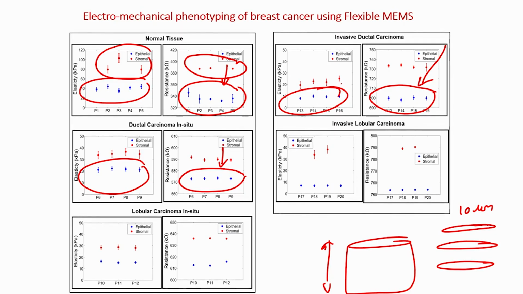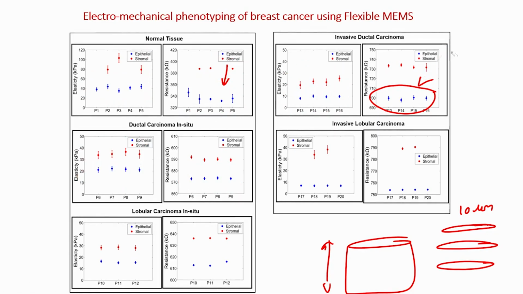In the case of invasive ductal carcinoma, it is somewhere around 25 kilopascal, while for the ductal carcinoma in situ it is somewhere around 38 kilopascal, about 40 kilopascal, right.